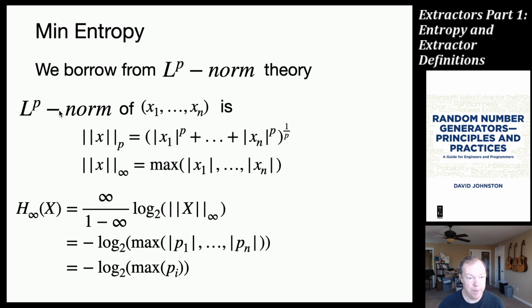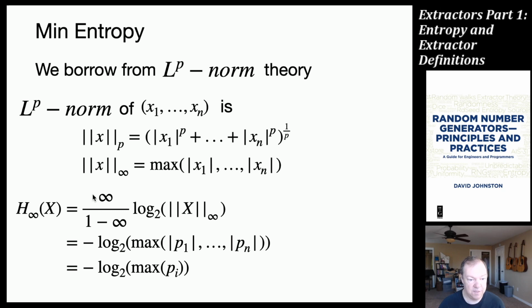So anyway, if you look at some standard definitions, the LP norm of a set of values sub p is this, and if p is infinity, it's this, the max of these, and you can plug that straight in, that h sub infinity of x is infinity over 1 minus infinity.